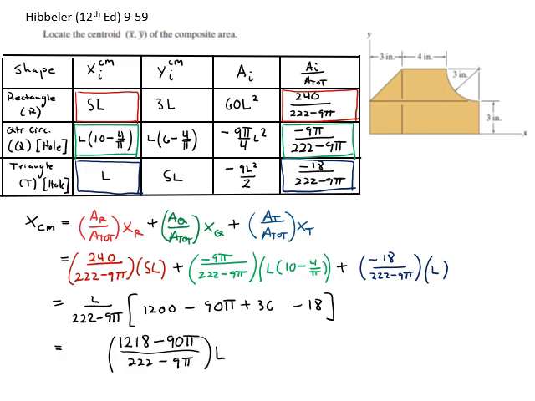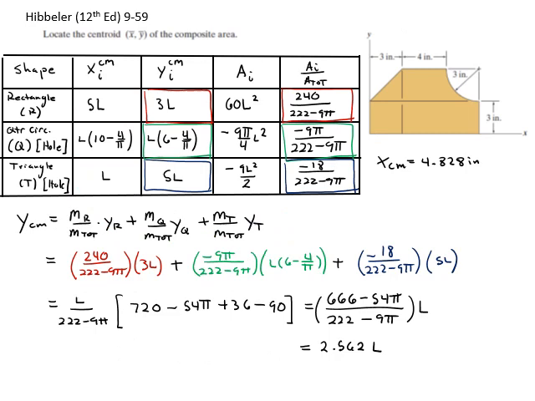There you go. And then remember that L is equal to 1 inch, so you can plug it into your calculator to get the result. 4.828 inches. Okay. Remember, that's measured relative to the origin down here. So it's 4.828 inches to the right of that origin there. That's the X position. Now we need to do the Y position. So I'll do that on the next slide, and that will finish the problem.